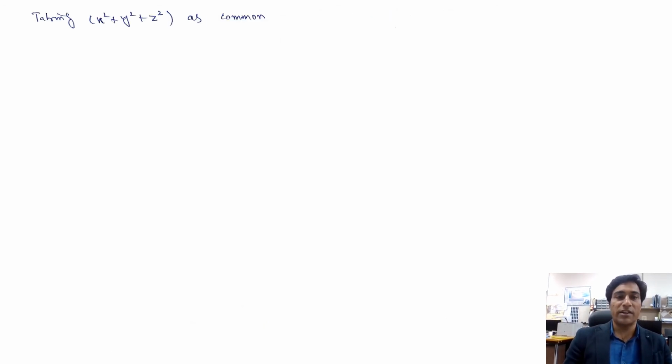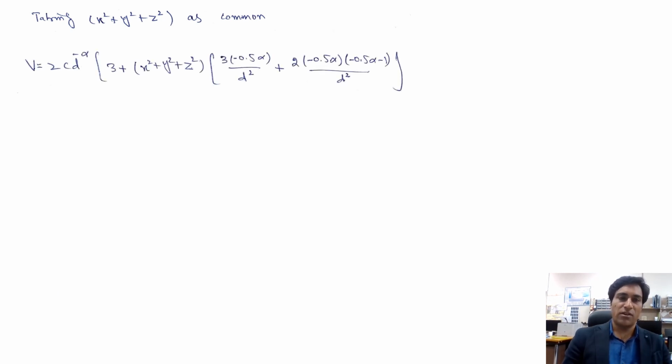So taking x square plus y square plus z square as common from the previous equation, it is more simplified, like V is equal to 2cd minus a into 3 plus x square plus y square plus z square. These are the remaining terms after taking common.